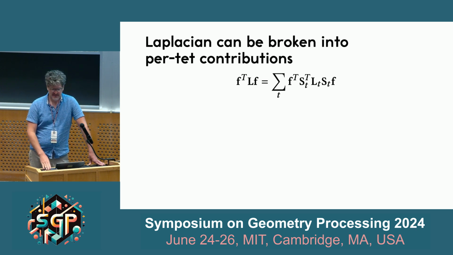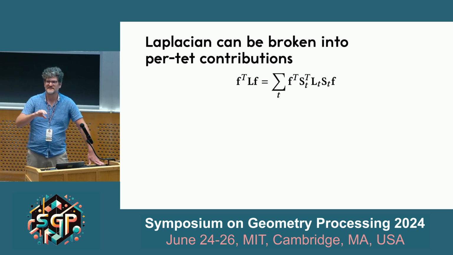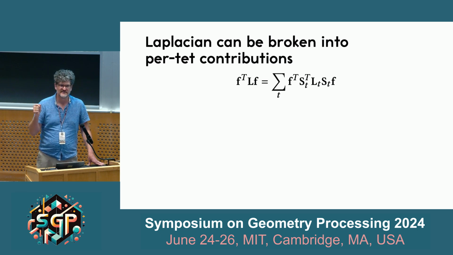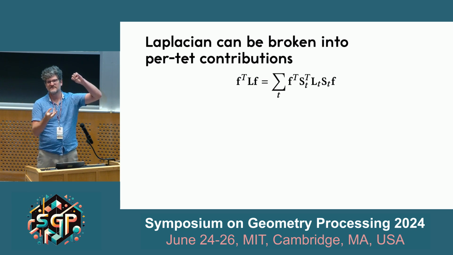The Laplacian can then be broken apart, how we saw before, into per tet contributions. I like to see this kind of from the finite element point of view, where we say that the Laplacian, the energy defined by the Laplacian, can be rewritten as a sum of that energy over all of the tetrahedron, where what we do is we suck out the 4 corner values on either side, and then define a local energy on the inside.